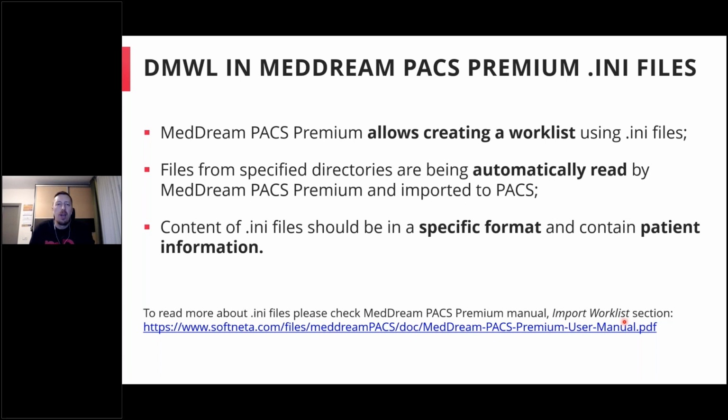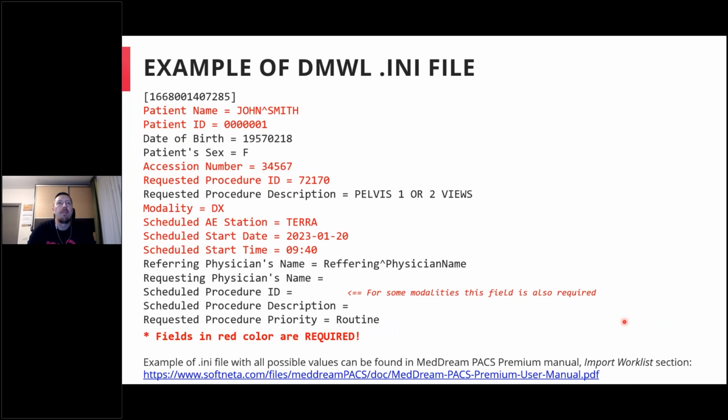So here I have a smaller example of this ini file. As you can see, some of the values are in red color. This means that these values are required. So without them, without patient name, patient ID, accession number, or scheduled start date and start time, you will not be able to create a worklist.